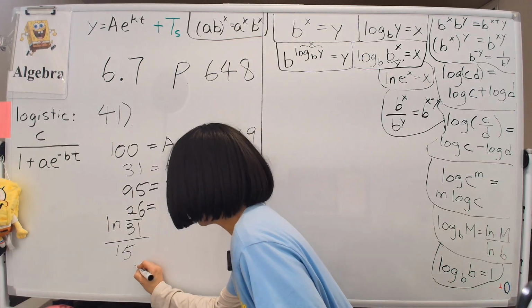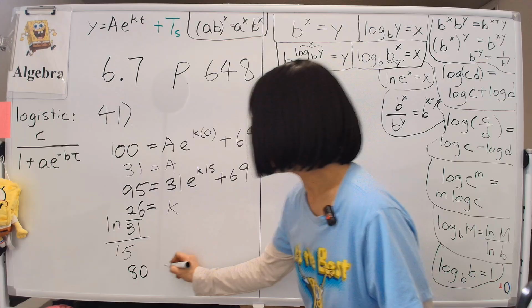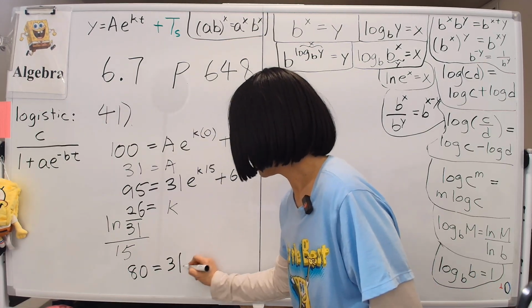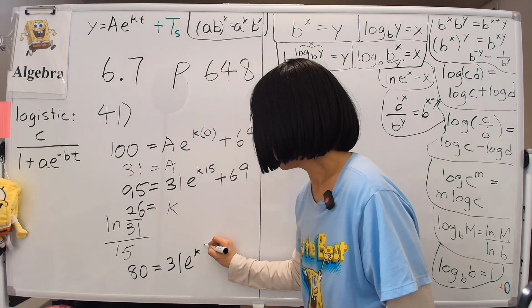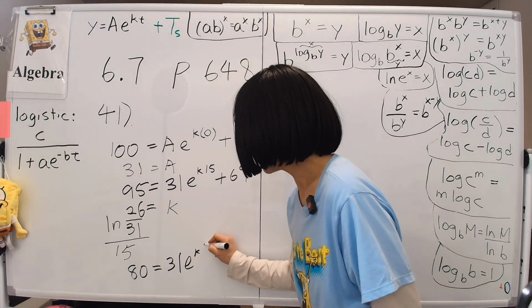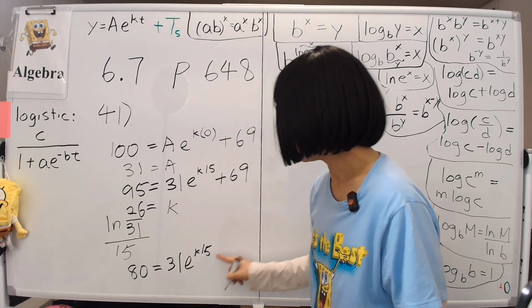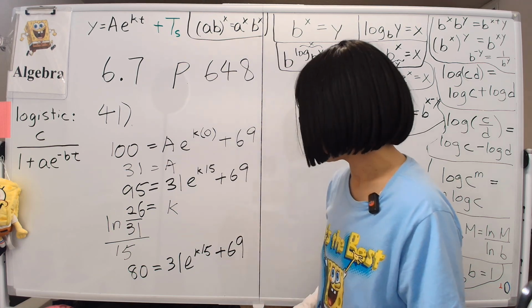So let's write down 80. Okay, and then 80 equals, so we have the same equation, the 31e to the k times 15, or 15k, either way. That's 31e to the k 15 plus 69.